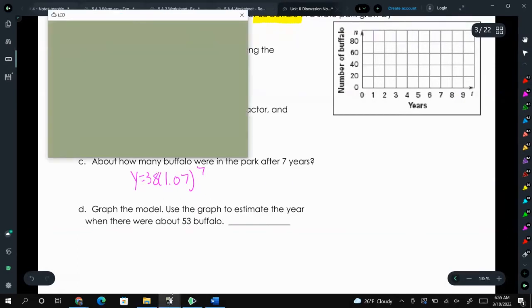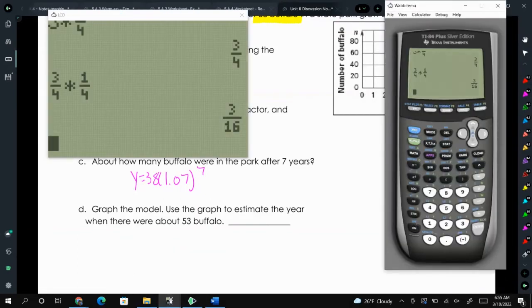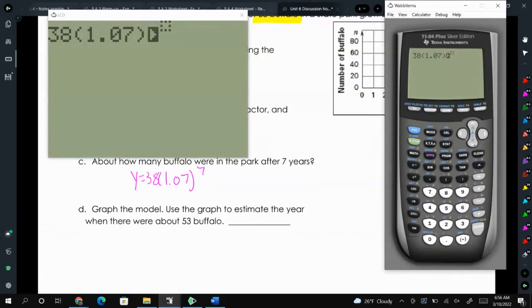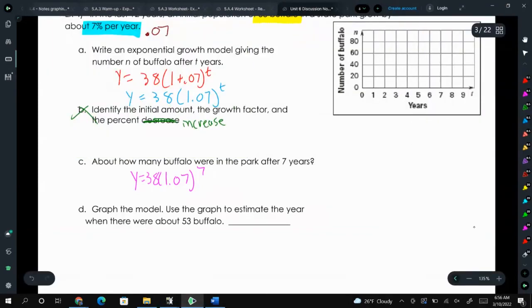So in our calculators, 38 times 1.07, close parentheses, raised to the 7th power. And that's 61.01. So really close to about 61 buffalo.